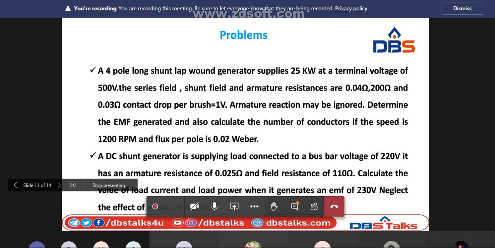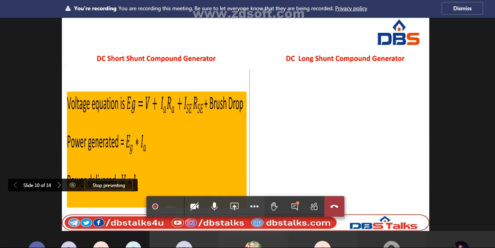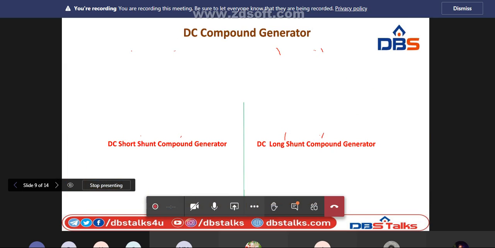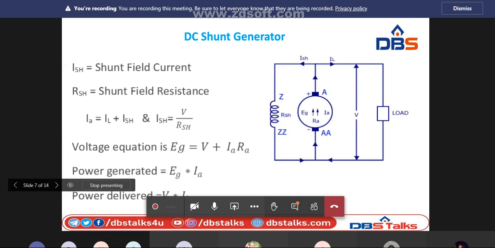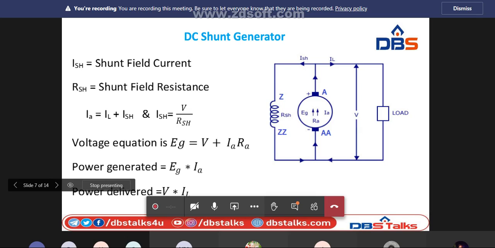Now determine the current. You have to determine the load current, not the armature current. To find out the load current, we need the armature current. So from the shunt generator diagram, back to the slides. They have given the Eg value and the V value. Determine the IL value and determine the power. That is what they are asking.